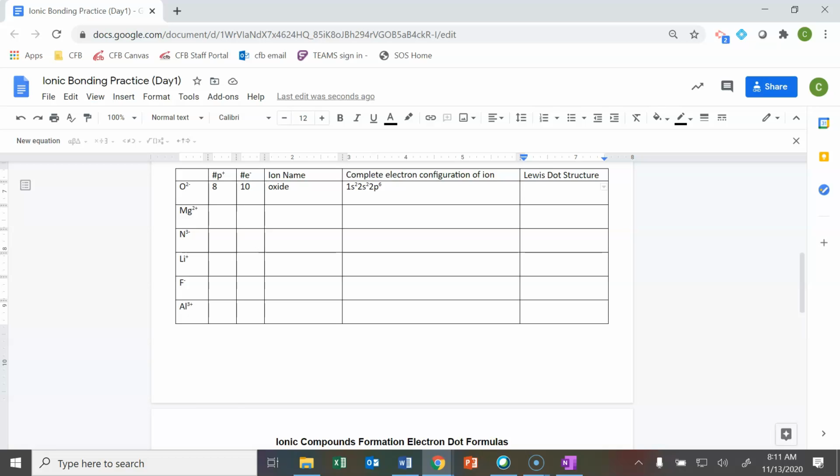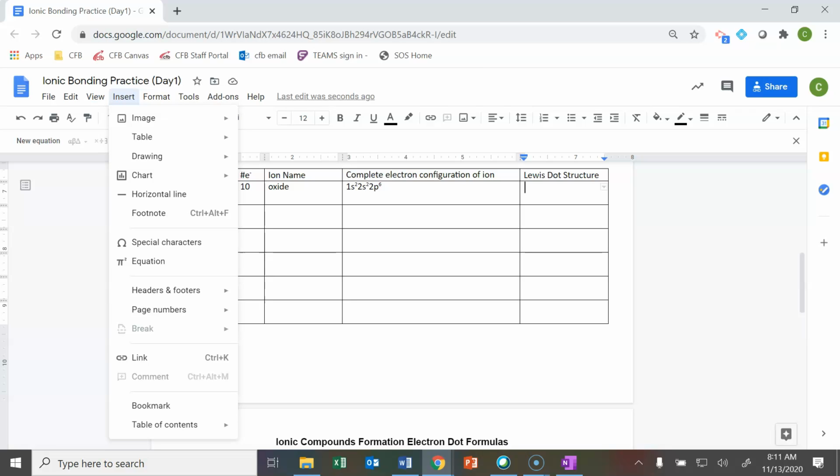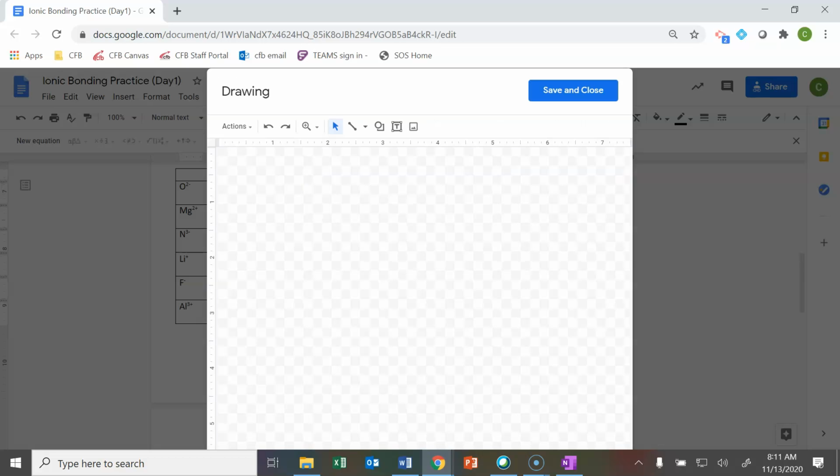Now let's go ahead and use our scribble to do that. Go to Insert, Drawing, New, click on the line and the scribble tool.